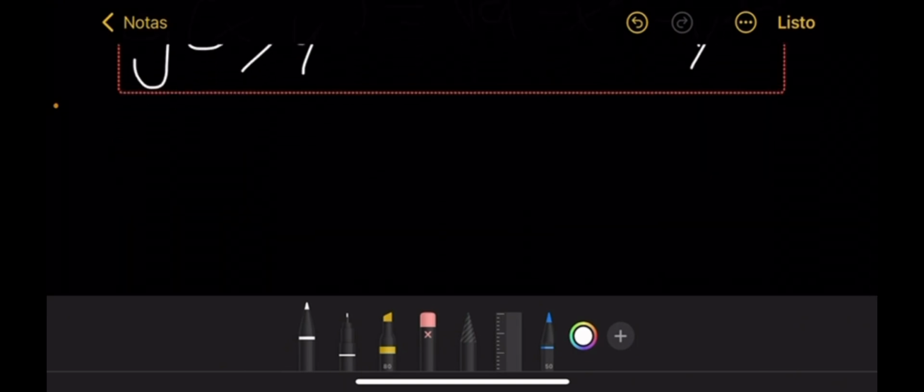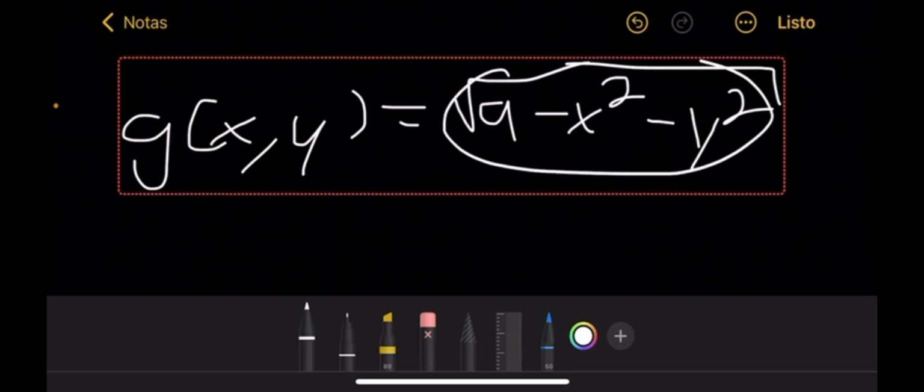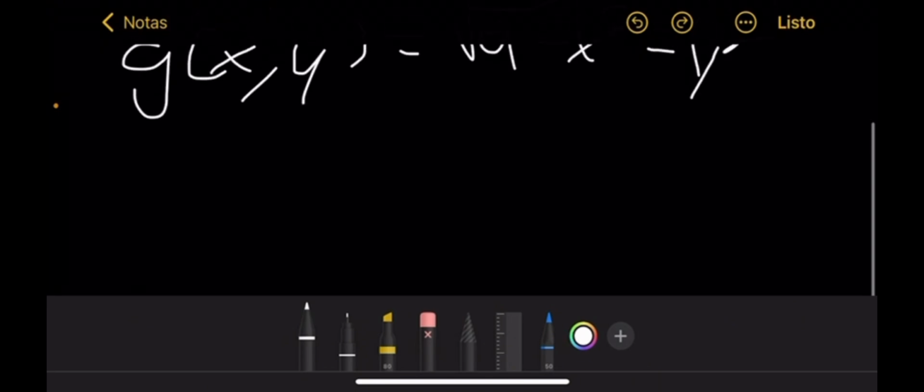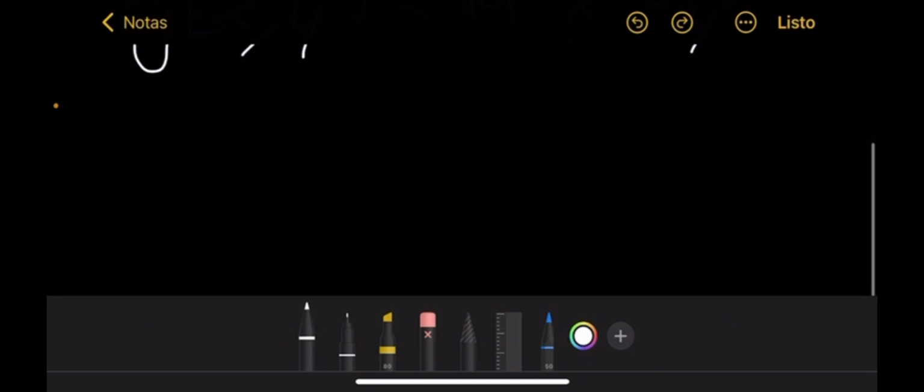The domain follows the same algebraic rules. This is a square root function, and we have to look at when the expression inside is positive. We have to set up an inequality.